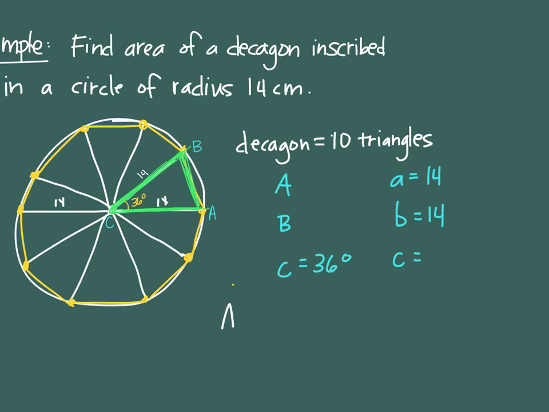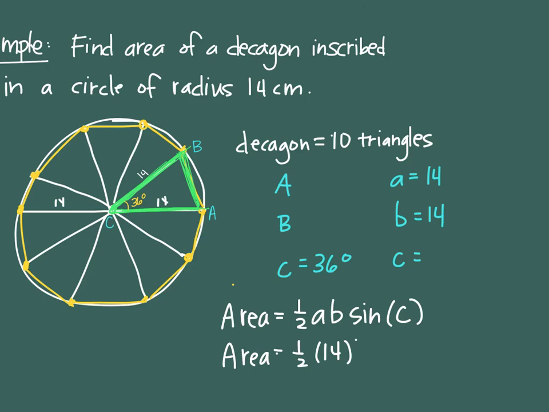And so my area will be, according to the formula, 1/2 the A part, the B part, and the sine of the C part. So this would give me 1/2. A is 14, the other B is also 14, and then the sine of 36 degrees. And then again, you just let your calculator do the work on that.